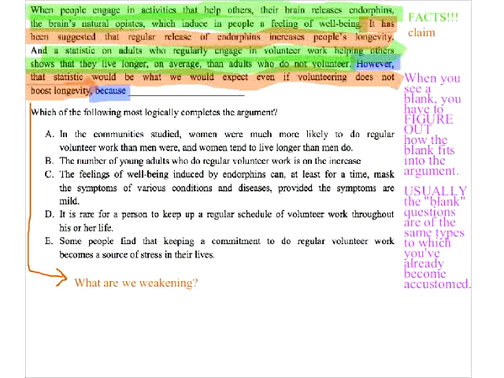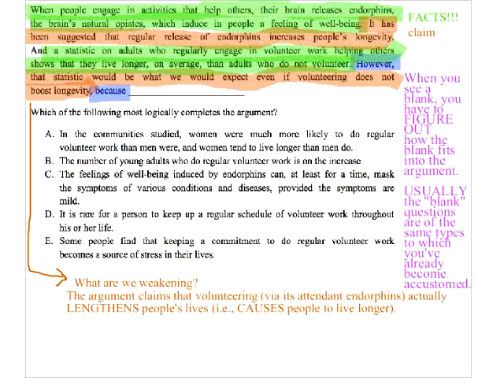In other words, the argument claims that volunteering and its attendant endorphins actually lengthens people's lives. In other words, that it actually causes people to live longer. That's what we're trying to weaken.